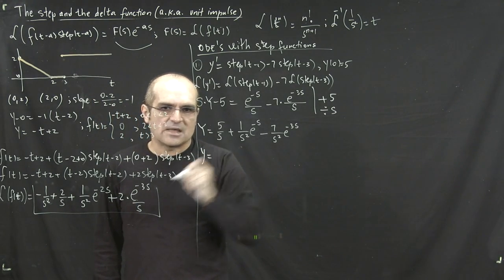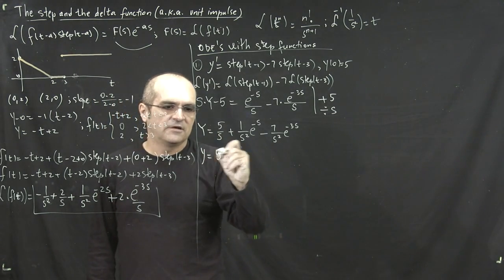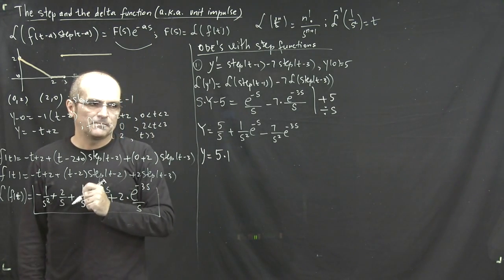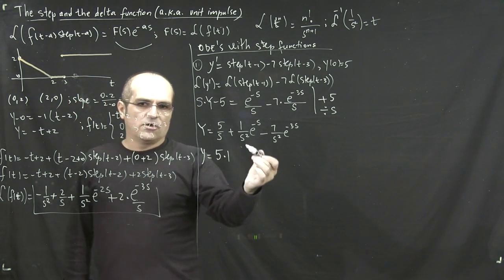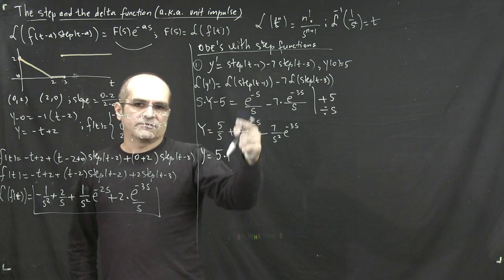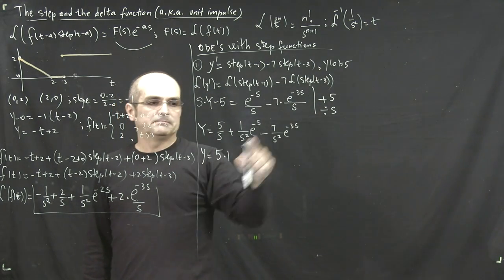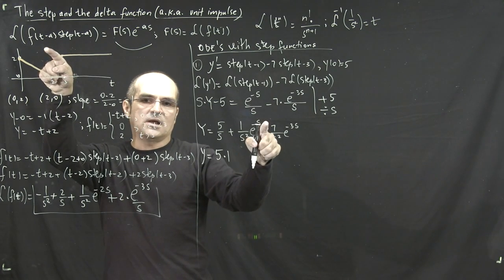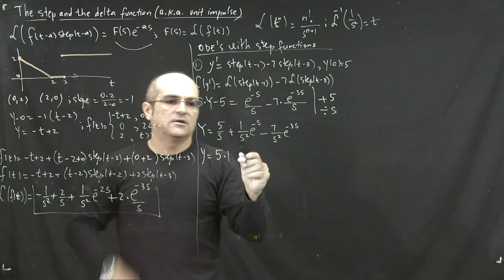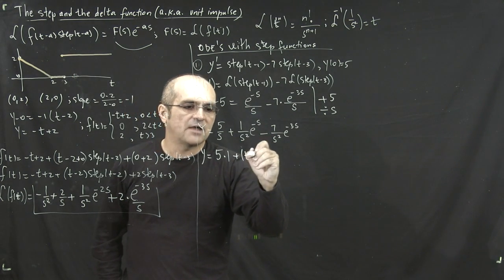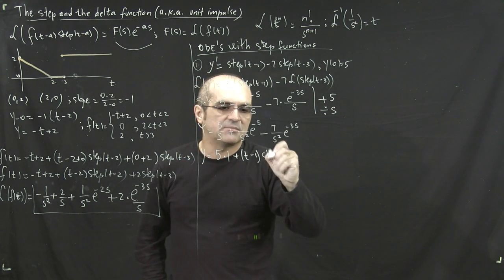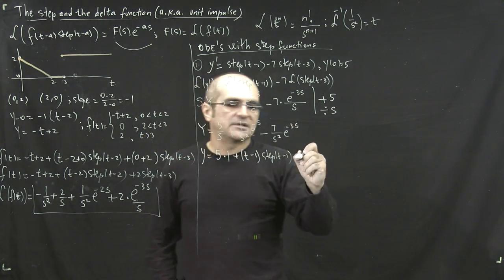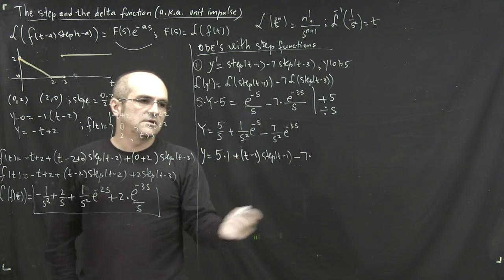When I take the inverse Laplace, that's 5, because the inverse Laplace of 1 over s is 1. Now the delay theorem, pay attention here. The inverse of this is t. Substitute t with t minus 1, because we have minus s here. So this is going to be (t minus 1) step(t minus 1). Moving over with the linearity property, 7 comes out.